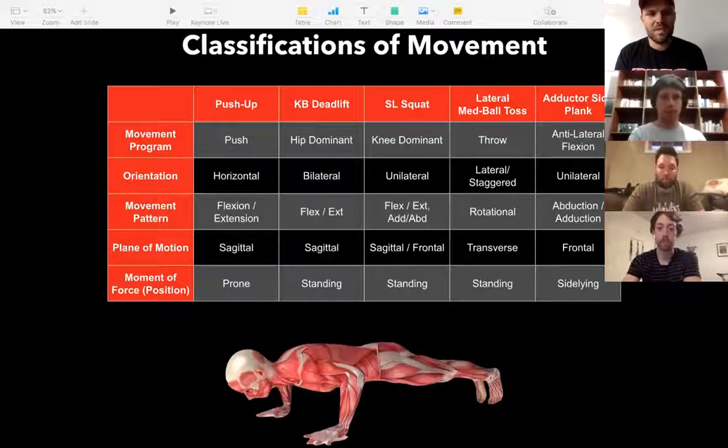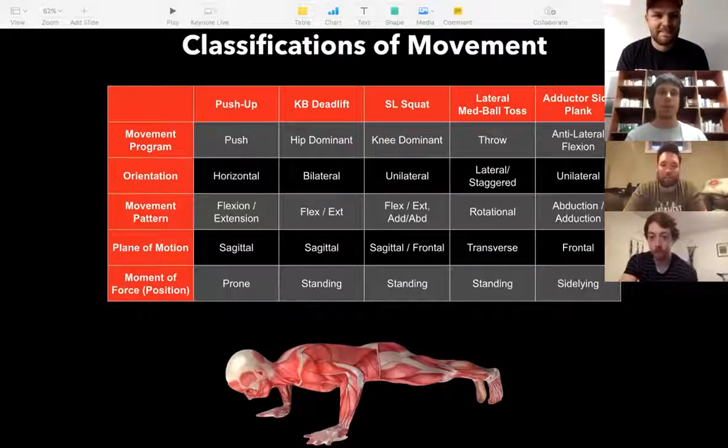We're getting a lot of questions. I just want to address this. We're getting a lot of questions about specific exercises and specific things to help with, say, anterior pelvic tilt. So, Kevin, would you have anything to say about that? Yeah, let me get through my presentation, I think it can answer some of those.